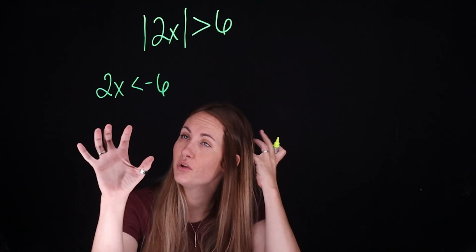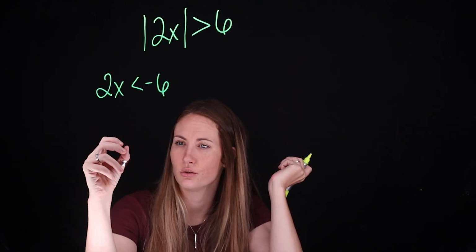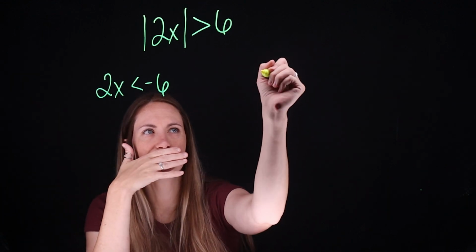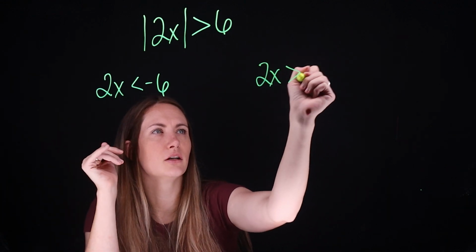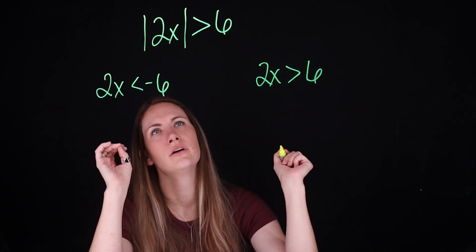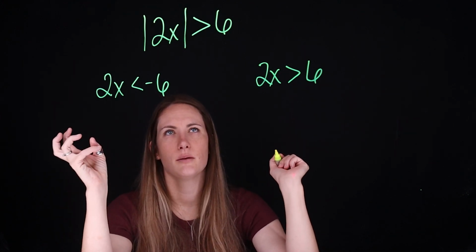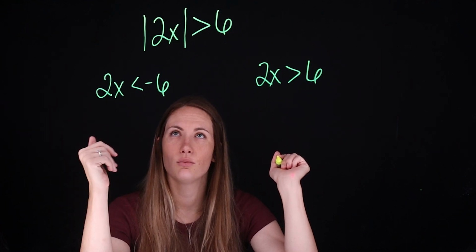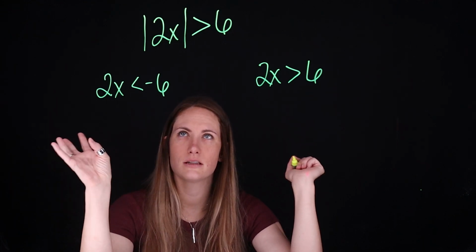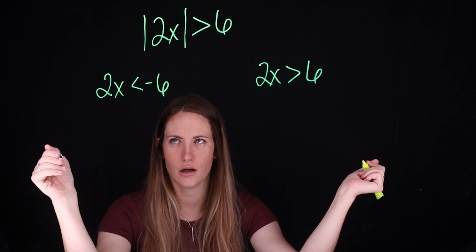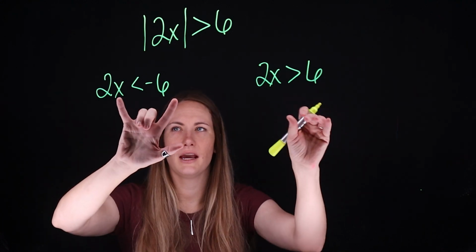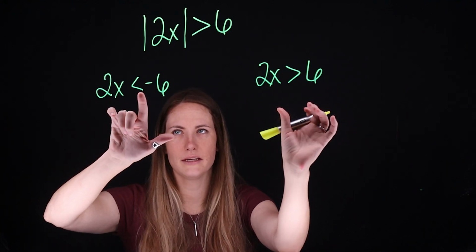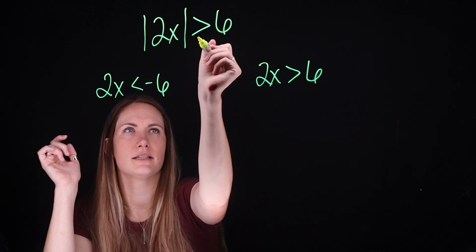Because if I didn't flip my sign here, it wouldn't be true. And greater than 6, because if we put 0 in there, 0 times 2 is greater than 6? No, it's not. If I put negative 1 in there, negative 1 times 2 is negative 2. Is that greater than 6? No. So we have to be sure that we have less than.